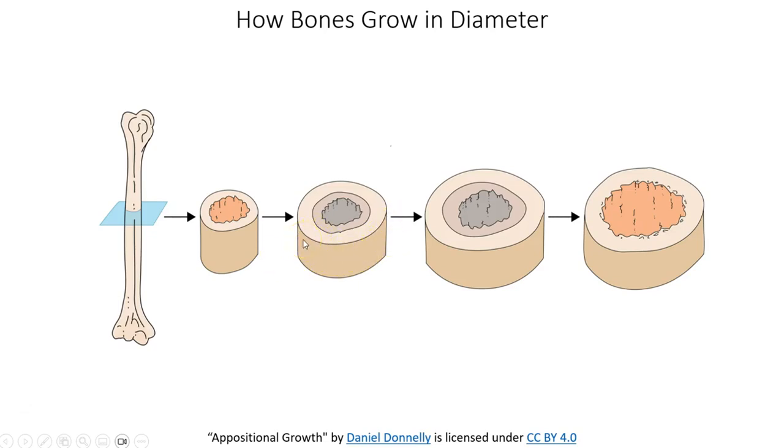All right, so we are simultaneously breaking down the oldest cells in here and developing new ones and new bone tissue further out. So that's how we get that growth in diameter that makes our bones larger around and makes them a little bit more durable and stronger in the long term. All right. This process is called modeling. All right. So this is that reabsorption on one surface and building new bone on another surface is modeling.